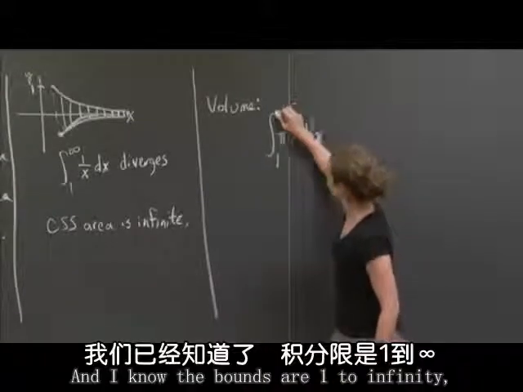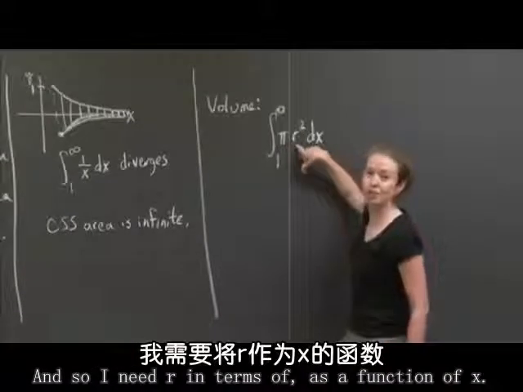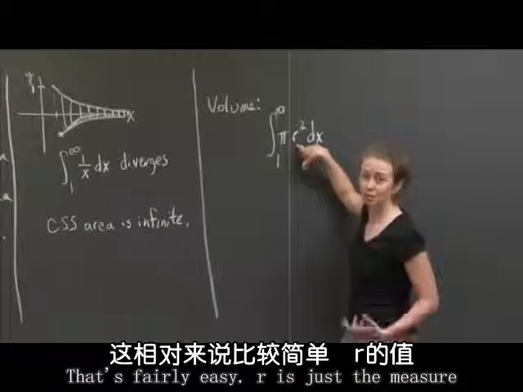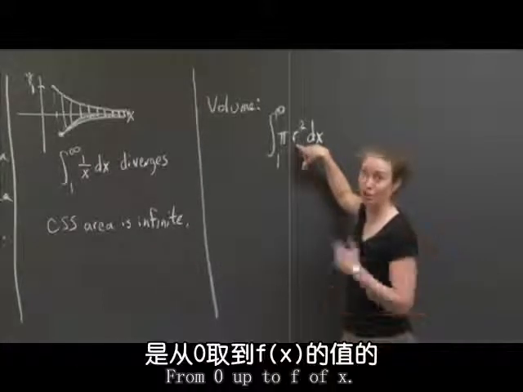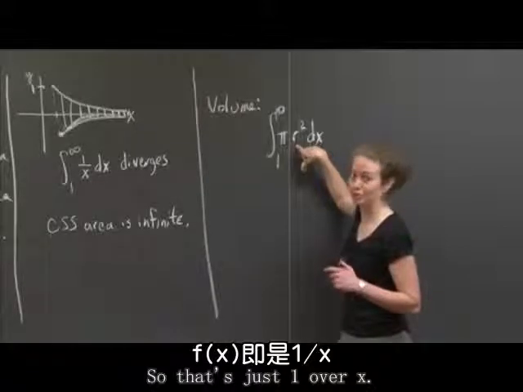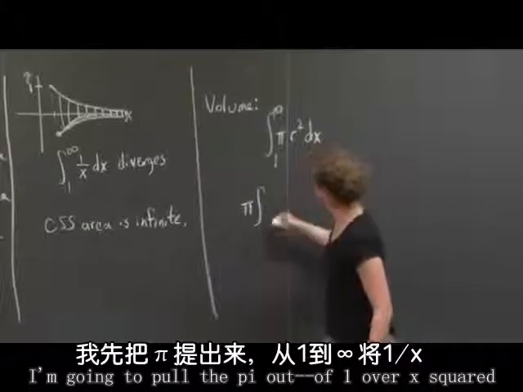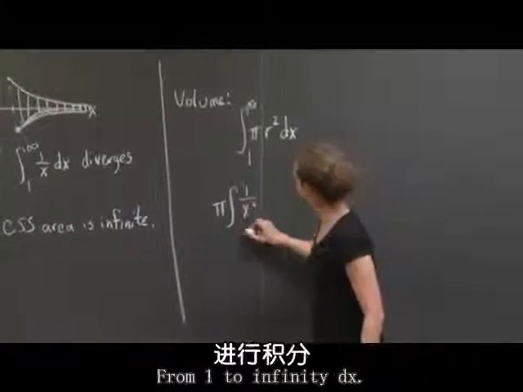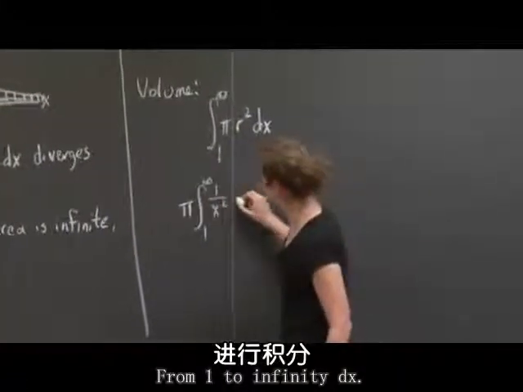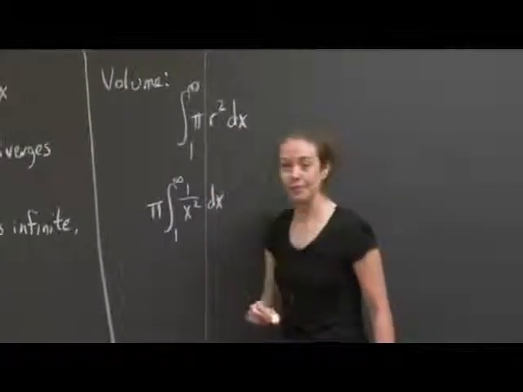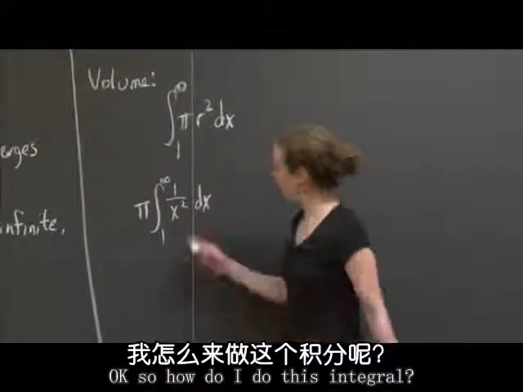I know the bounds are 1 to infinity, and so I need r as a function of x. That's fairly easy. r is just the measure from 0 up to f of x, so that's just 1 over x. So this is actually the integral, I'm going to pull the pi out, of 1 over x squared from 1 to infinity dx. Okay, so how do I do this integral?